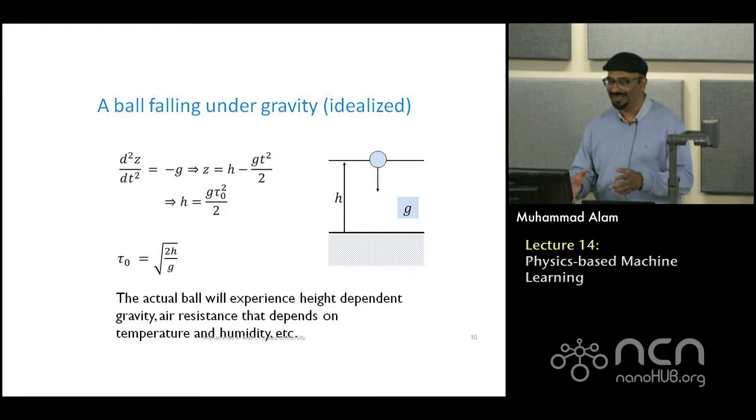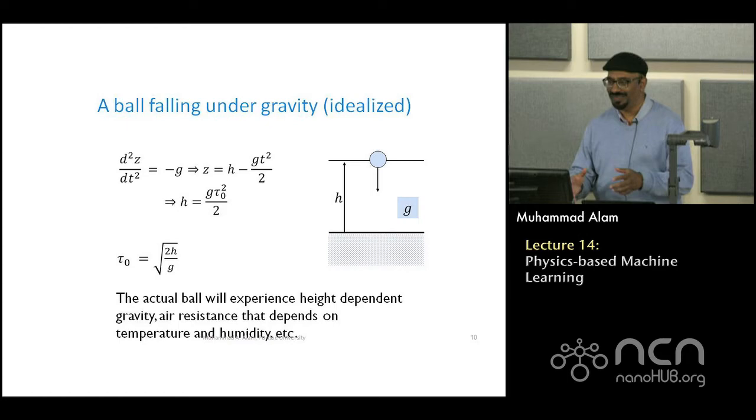And so therefore you can calculate, and you want to know when z is equal to 0, because that's when it arrives. It's a second order differential equation, so therefore this is the solution. When z is equal to 0, you set it equal to 0, and that gives you the time of arrival: the square root of 2h over g. That tells you how long it takes.